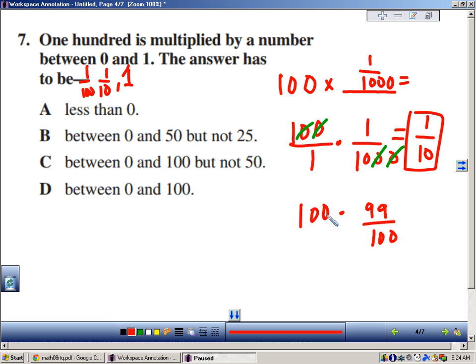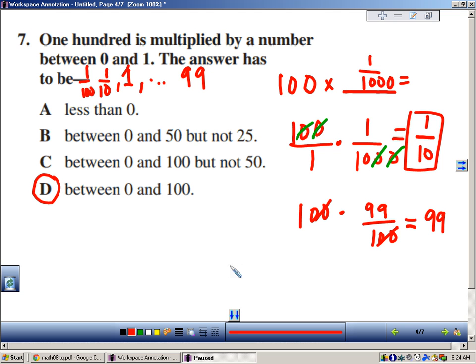And what I end up with is 99. Okay? That's pretty darn close to 100, isn't it? So I got to 99. So what I'm thinking here is that my number is going to be between 0 and 100.